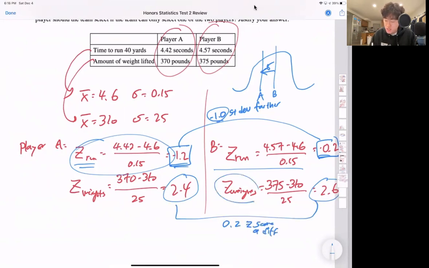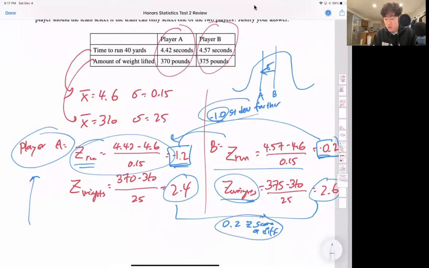Even though player B can lift a little bit better, the magnitude of that is way smaller compared to how much faster player A can outrun player B. So player A is definitely the better player, because the z-score difference in weights is not significant compared to the difference in running.